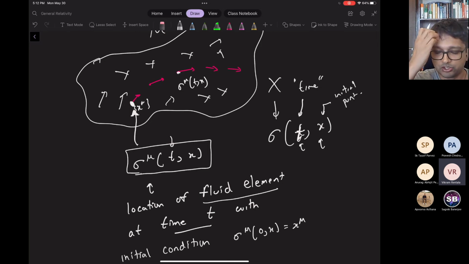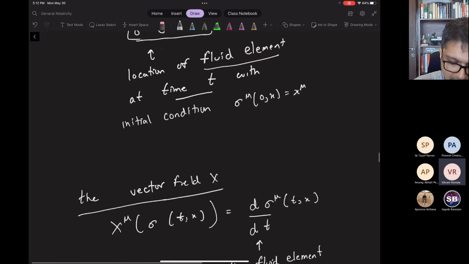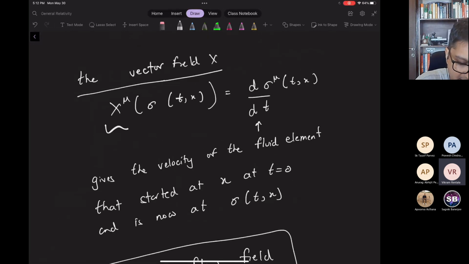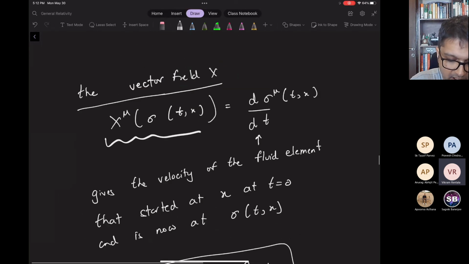So given an X, I can construct this sigma. And what this sigma does is, if I feed it these two inputs, it will tell me where I will end up. And this X mu that you have to specify to construct the sigma, those X mu's you can think of as the velocity vectors of the fluid.